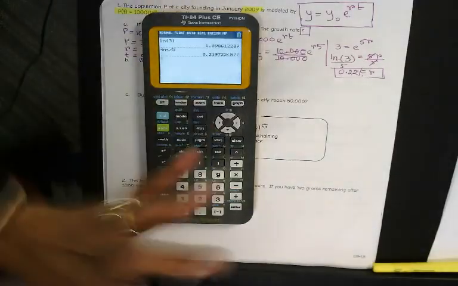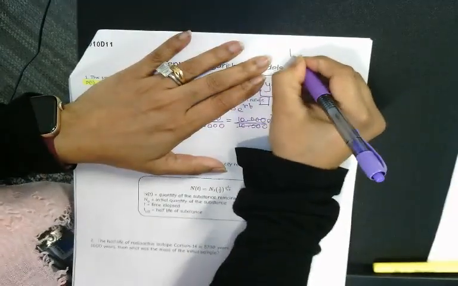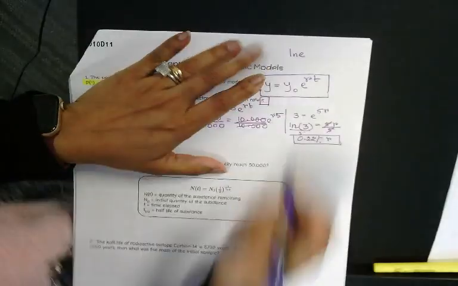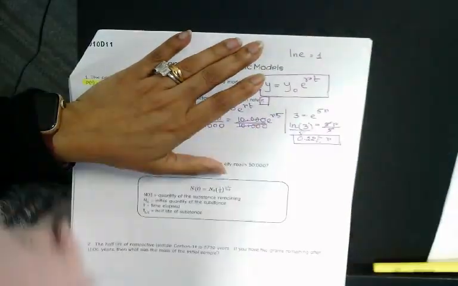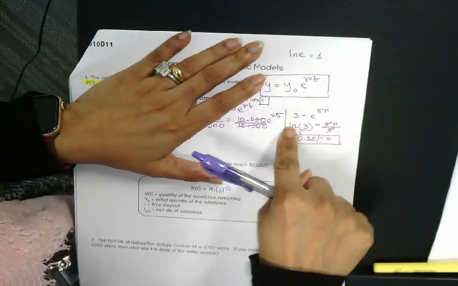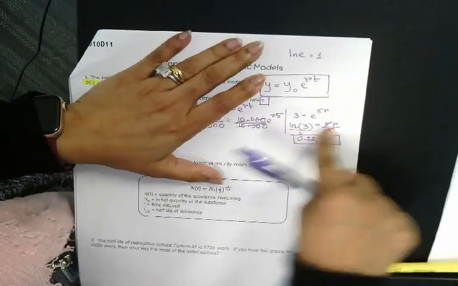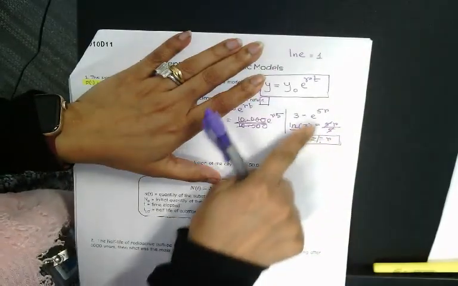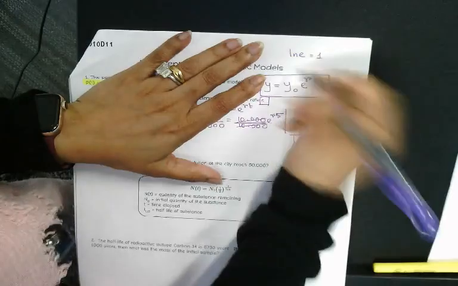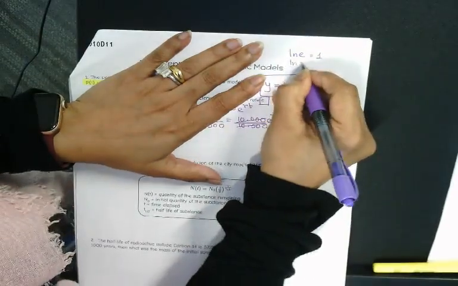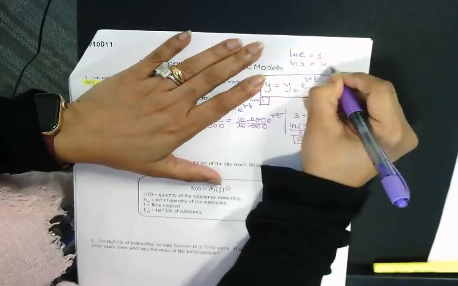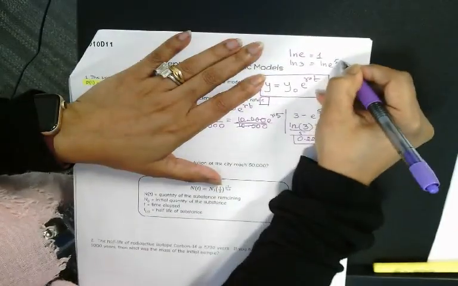The formula for this one is mostly that ln e becomes 1. The value of ln e is 1. So I'm technically taking ln on both sides, but since I have an e over here, what I'm doing here is that ln 3 is equal to ln e to the power 5r.